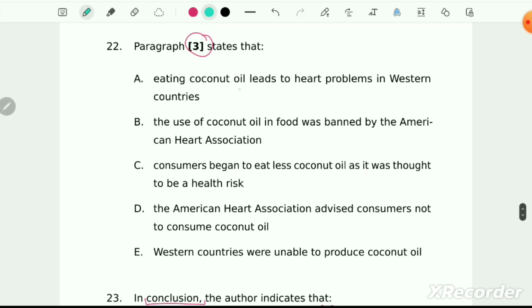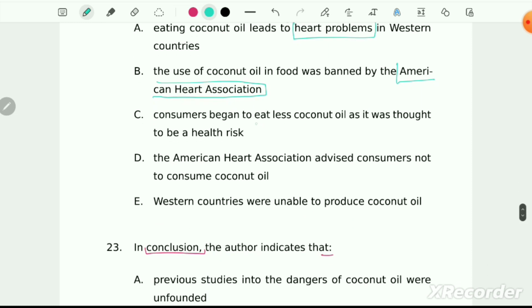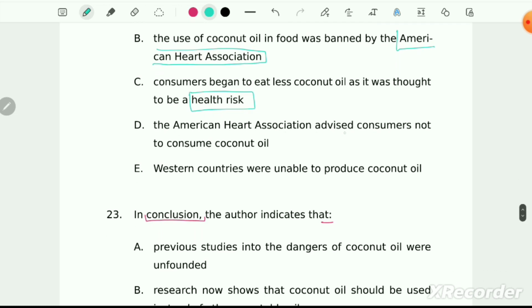So eating coconut oil leads to heart problems in Western countries. Heart problems is the keyword. The use of coconut oil in food was banned by the American Heart Association. This is the keyword. Consumers began to eat less coconut oil as it was thought to be a health risk. The American Heart Association advised consumers not to consume coconut oil.